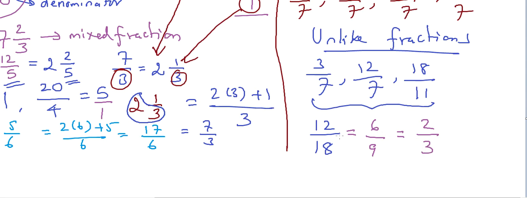So if you look at it, all three fractions have the same value. So they are equal, isn't it? That means they have the same value. So therefore these fractions are called equivalent fractions.